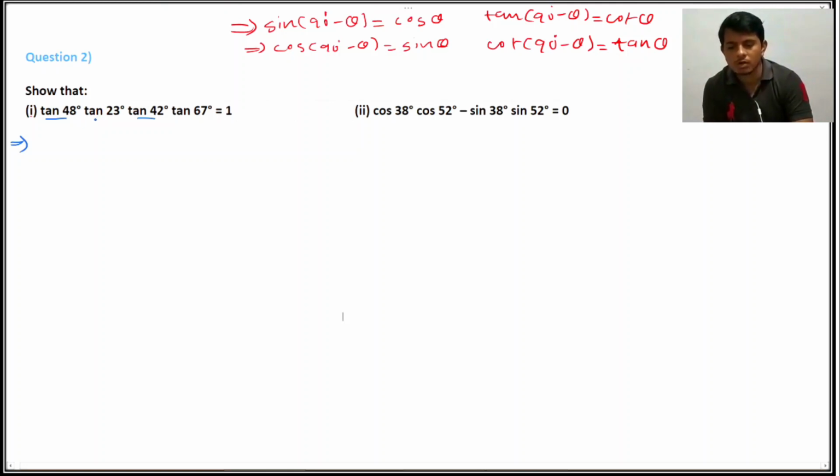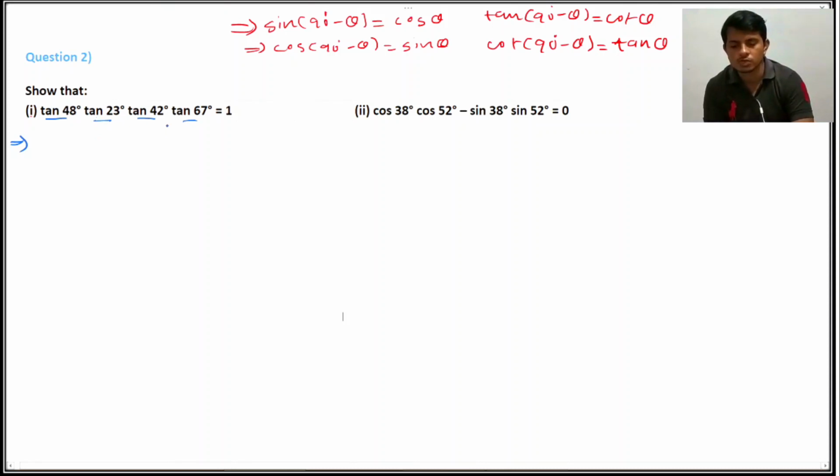Similarly, here we have tan 23 degree and tan 67 degree, and the sum of 23 degree and 67 degree equals 90 degree, so we apply the same here.